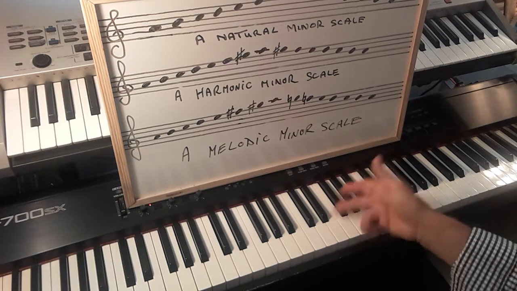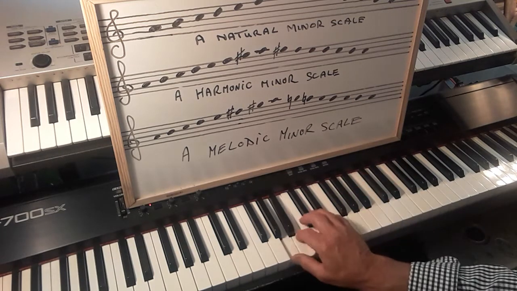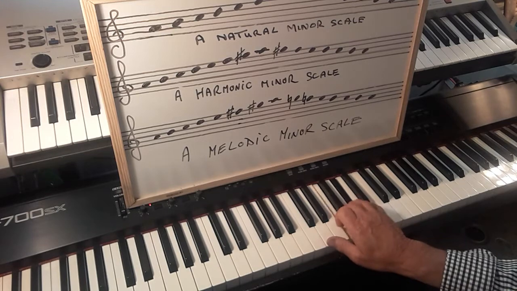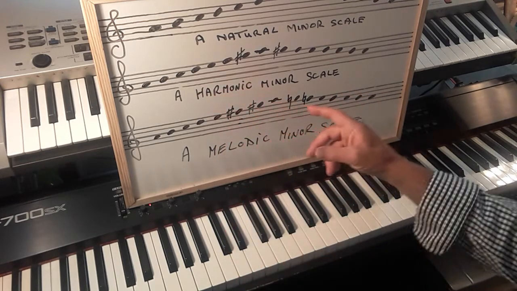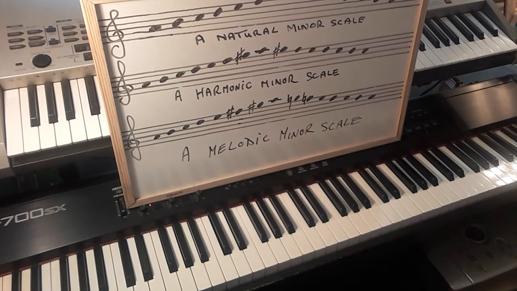It's the same for the other one where you're going up for the sharp as well. Now that is the harmonic minor scale, and it has one sharp, which is G sharp.